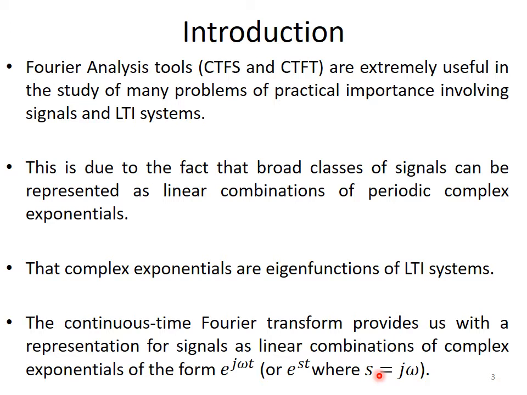So in Fourier transform analysis in particular, s was equal to j omega. It means the complex exponential had only the imaginary part of the frequency. It didn't have any real part of the frequency.